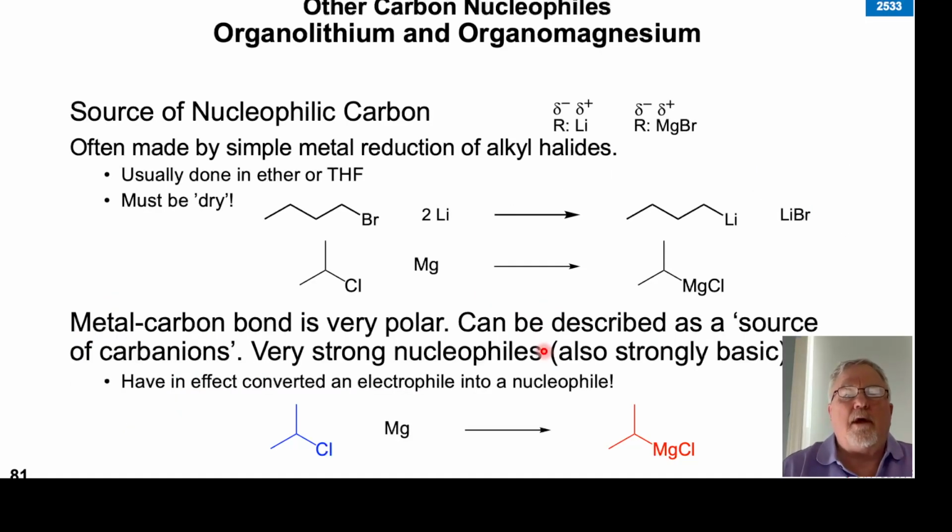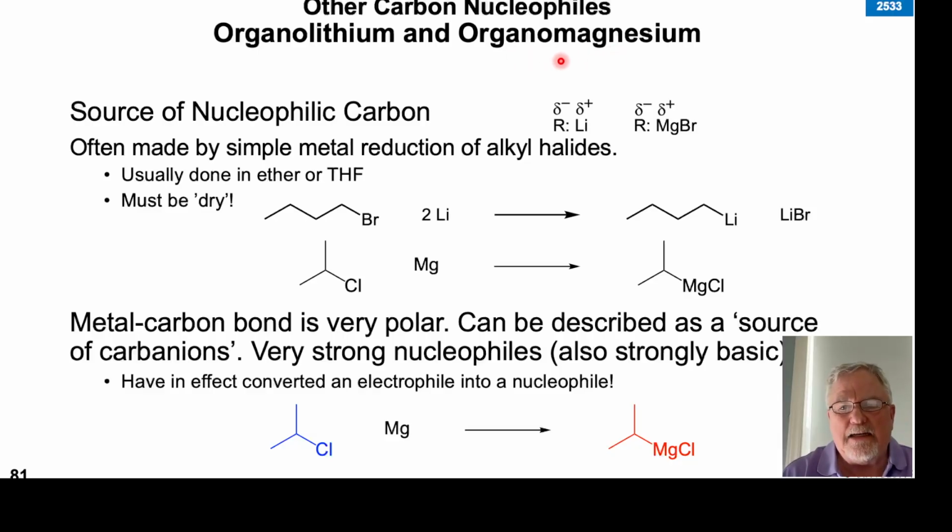Other forms of nucleophilic carbon, we take advantage of this fact that we can make carbon nucleophilic by attaching it to a metal. The most common sources that we will find right now in this course are alkyl lithium or organolithium compounds and organomagnesium compounds.